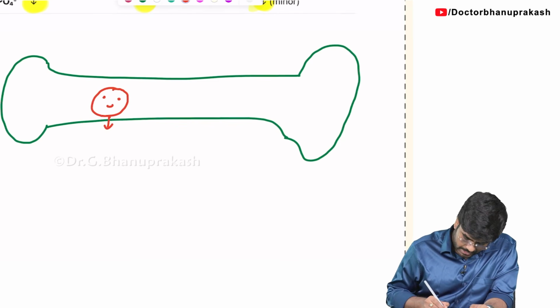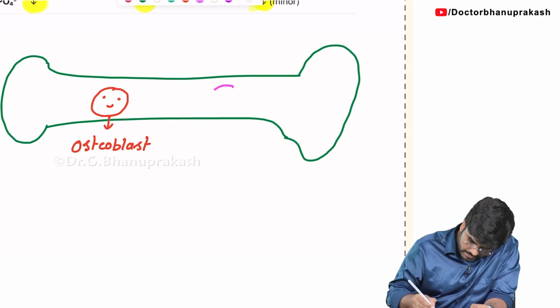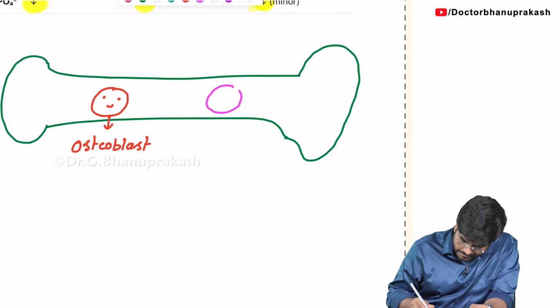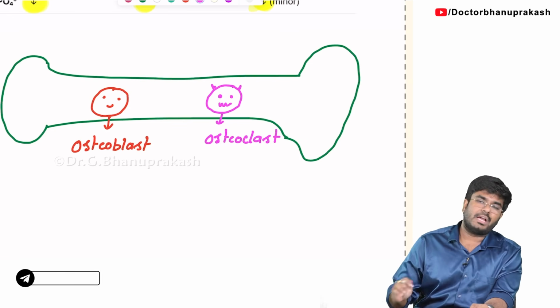Okay, let me write here. This is osteoblast. And this cell which I am showing in the violet color, let's say this is osteoclast. Okay, one is osteoblast, another is osteoclast.